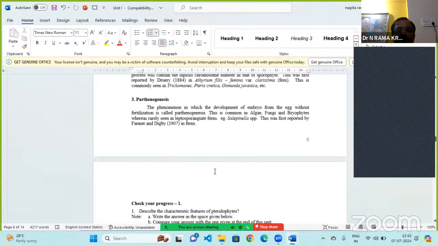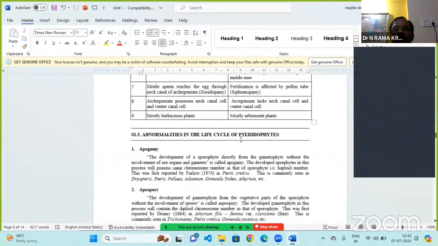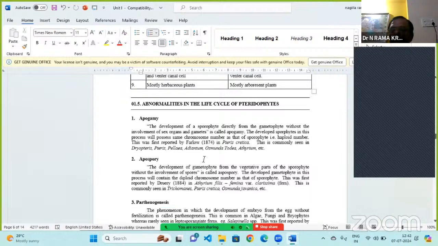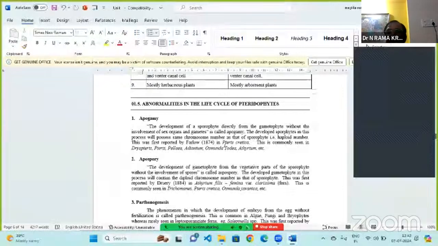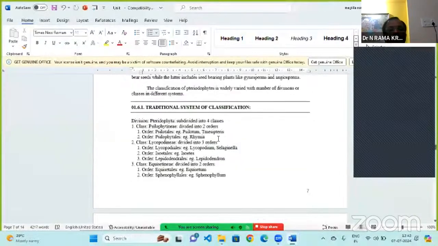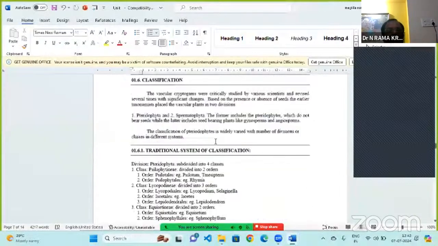So there are three abnormalities of pteridophytic groups: apogamy, apospory, and parthenogenesis. Now we are going to the next topic.